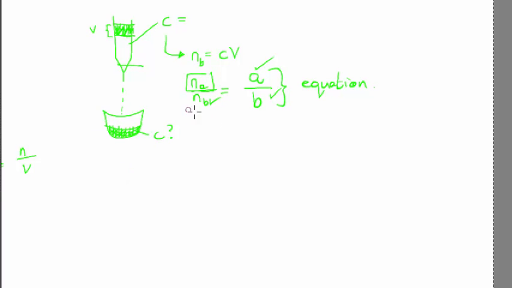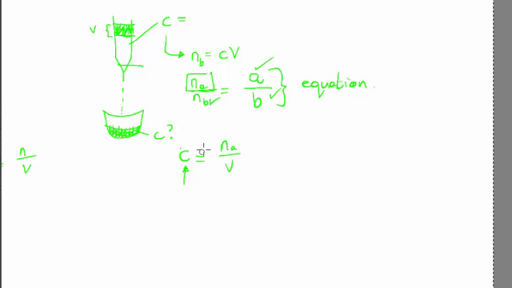If we know how many moles of acid was in there, and we know the volume, we can work out the concentration, because concentration is moles divided by volume. So now that we know the concentration, okay, it might not be necessary, but we have moles, so we can work out grams.